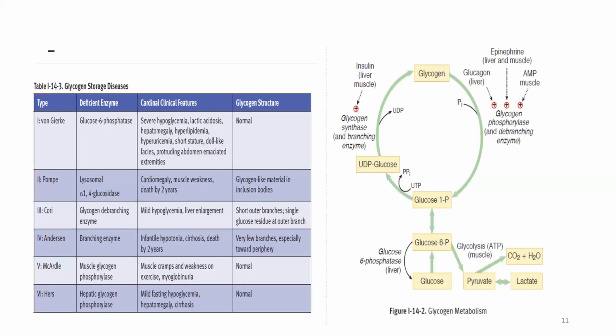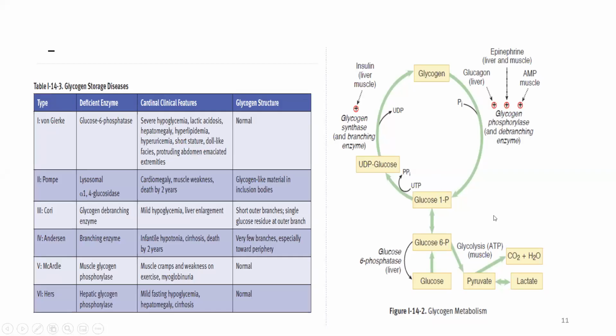There is no defect in insulin. So these patients have transient hyperglycemia. However, if the defect is in the debranching enzyme or the glycogen phosphorylase, the problem is hypoglycemia because the body cannot get glucose from degradation of glycogen.